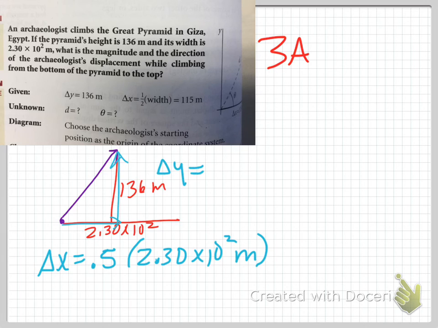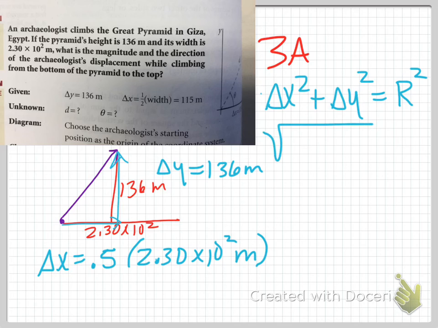And delta y equals 136 meters. We know that delta x squared plus delta y squared gives us our resultant squared. So the square root of delta x squared plus delta y squared gives us our resultant.